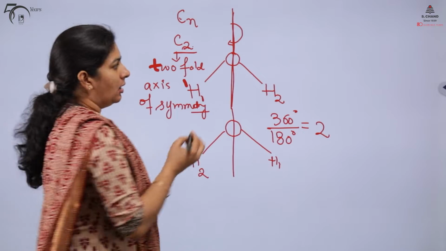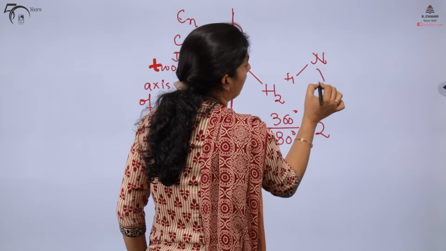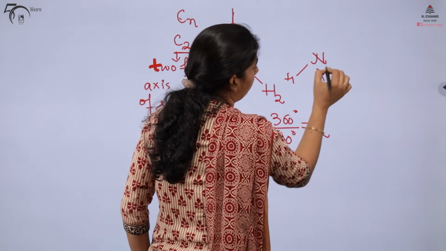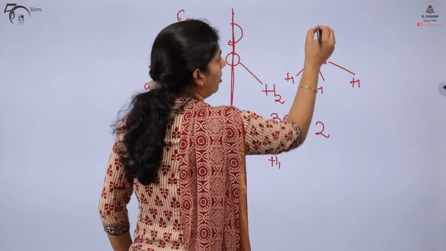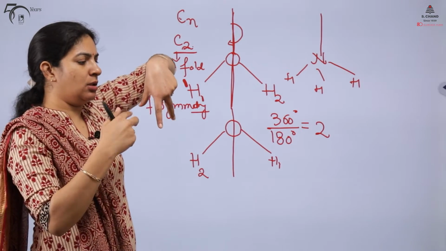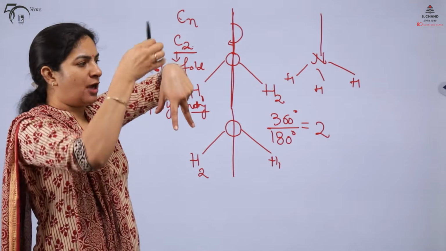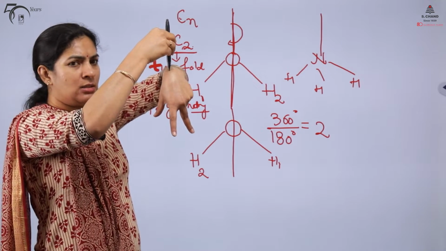In, let's say, the ammonia molecule, we know that it is pyramidal. So, what will happen? Take an axis passing through the nitrogen, with the hydrogens arranged in a pyramidal fashion. So, this is, let's say, the axis.